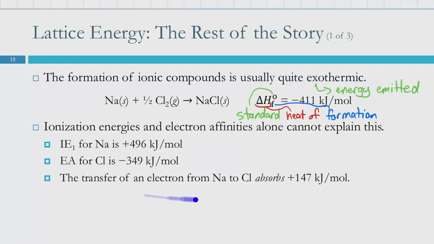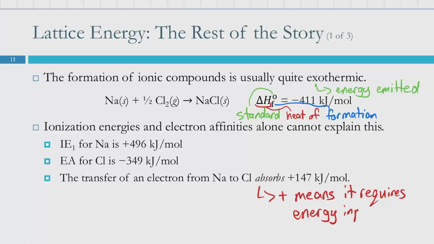So the transfer of the electron absorbs plus 147 kilojoules per mole. The positive means it requires energy to happen. It requires energy input to occur, and generally those things don't just happen spontaneously.